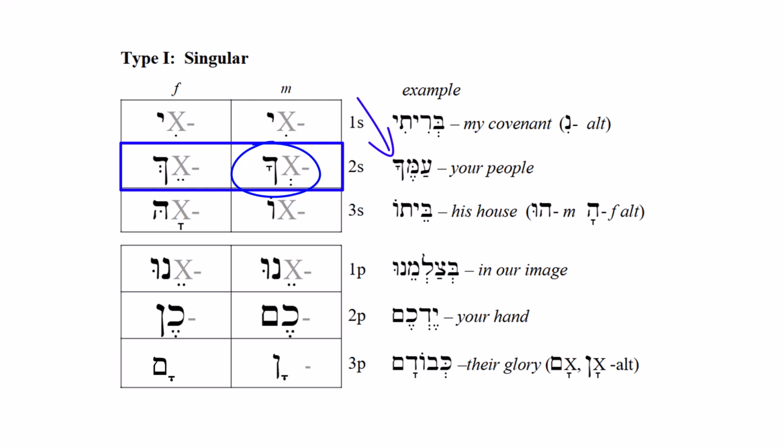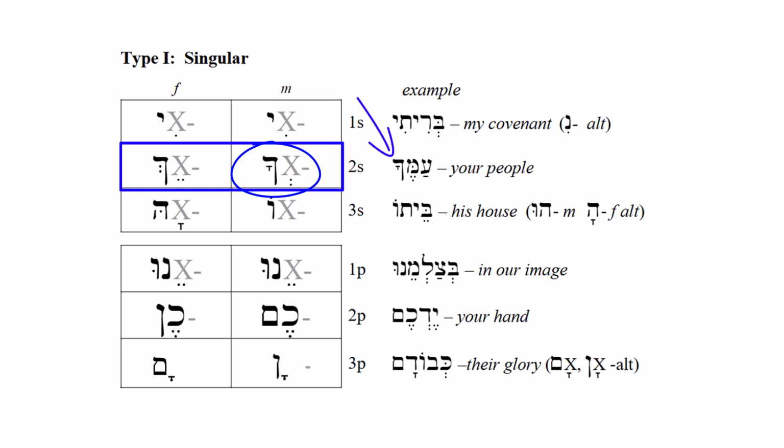And Hebrew is very specific, so when you're looking at the ending, you can tell who you're talking about, whether you're talking about a feminine or a masculine noun. So if a male and female are standing and you say amecha, since the ending is masculine, it means that we're talking about your people, and your refers to the male person there. Why? Because Hebrew suffixes have to match with the gender of the person being referred to.